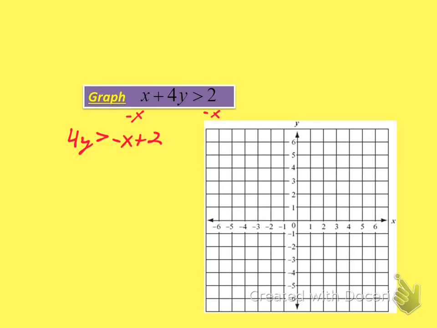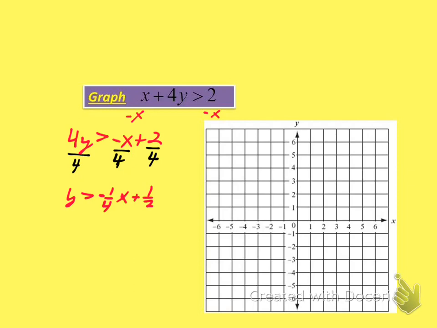And then you divide by 4. Make sure when you divide by 4, we divide everything by 4. Which gives you y is greater than -1/4 x plus 1/2. And that's the line you graph now.